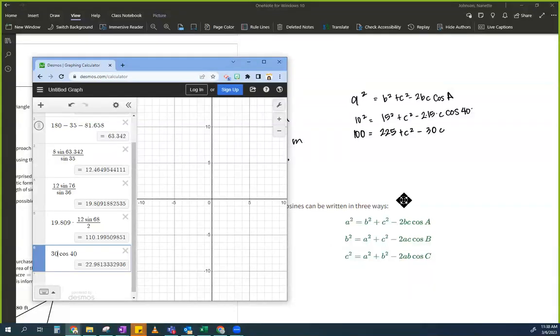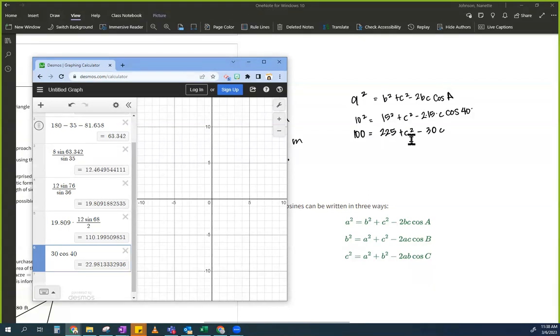So we got, let's see, 0 equals 1. Let's see, what did I say? 22.98C.